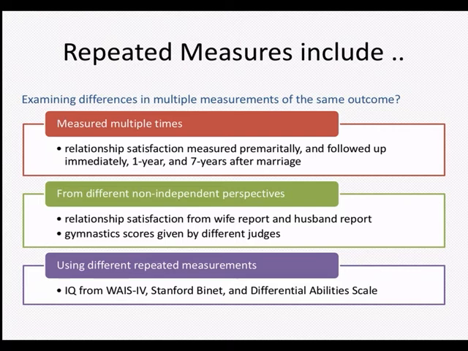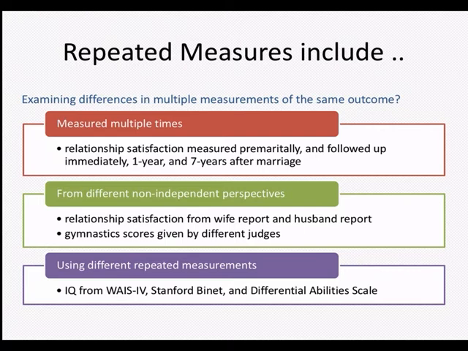A third different situation where we use repeated measure is when we use different measures repeatedly. Like if you're going to assess someone's IQ, we use the WAIS-IV, and then we use the Stanford-Binet, and we use the Differential Ability Scales to assess the same person's IQ.